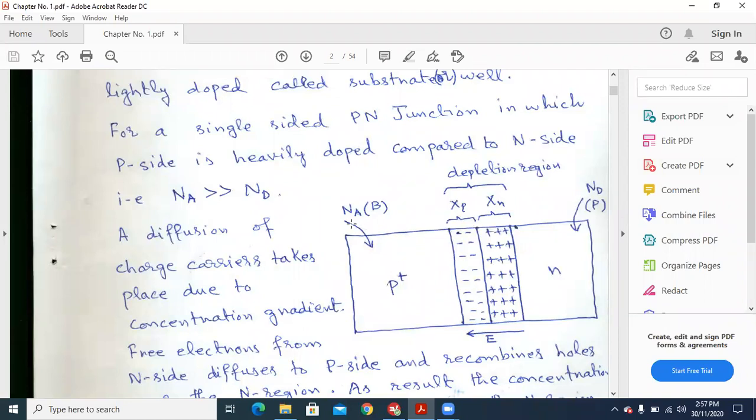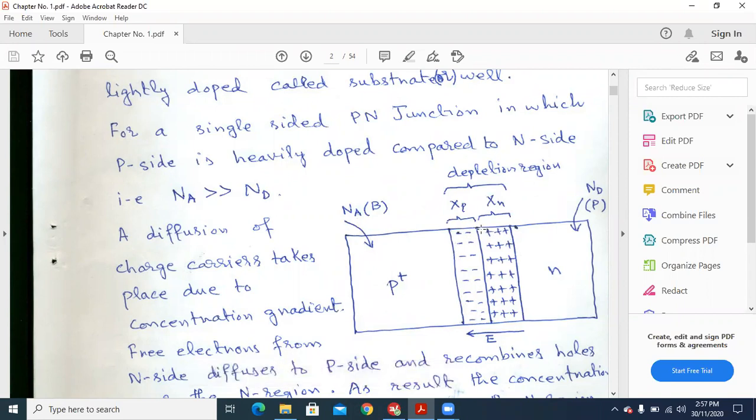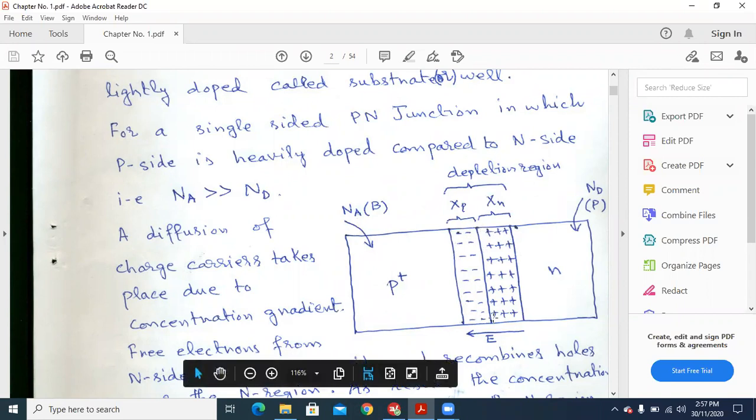This is inversely proportional to the doping concentration. If the doping concentration is heavy, the width of the depletion region at this side is small, and if the doping concentration is light, the width of the depletion region is larger at this side.